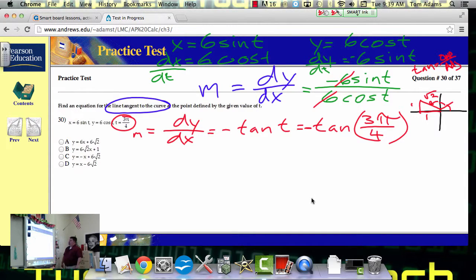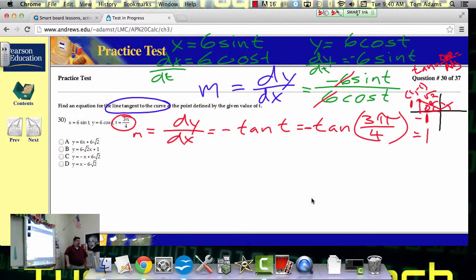The tangent of 3 pi over 4 is the opposite, 1, over the adjacent, which is negative 1, because this point is 1 comma negative 1. So it's negative 1, but when I multiply by the negative in front, I get 1. So my slope is 1.